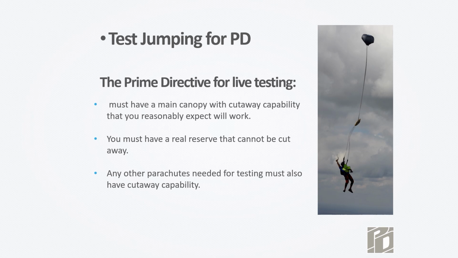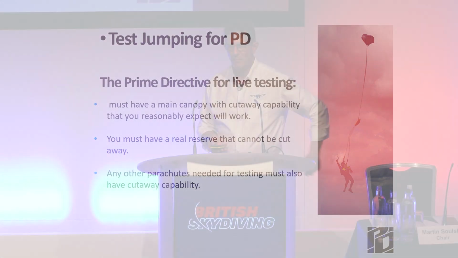So that's the first part of the prime directive. I have had somebody violate that. They were doing 3 parachute jumps where the top and bottom parachutes were both something that could be cut away for a TSO test involving a cutaway, and they had a chest mount that could not be cut away. And then they needed to do test jumps on 1 parachute without a cutaway.